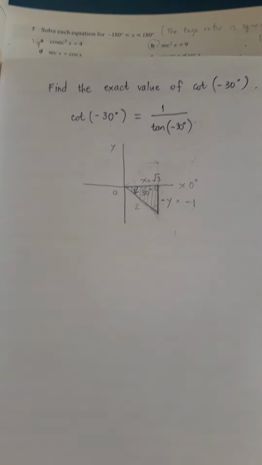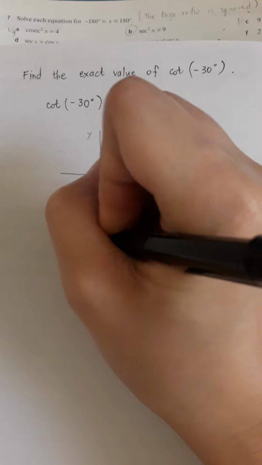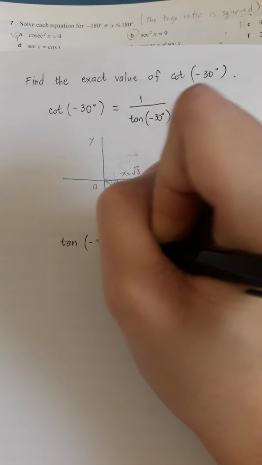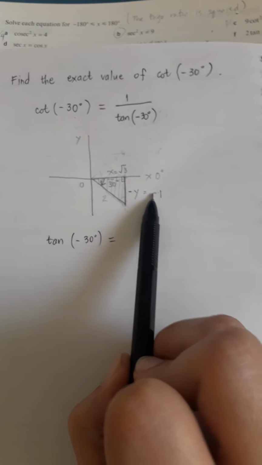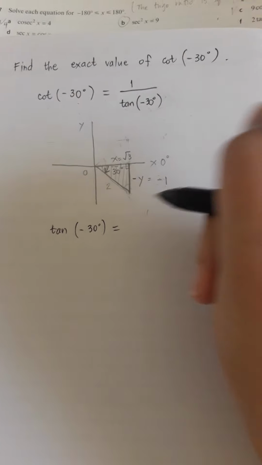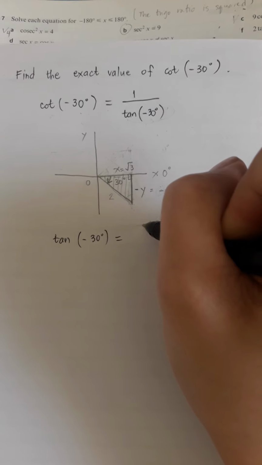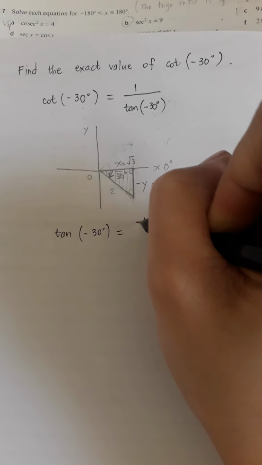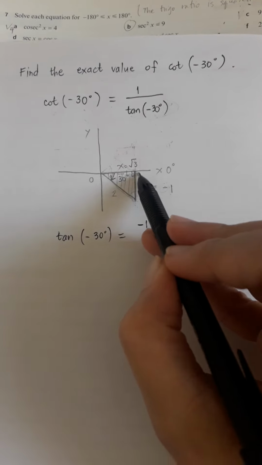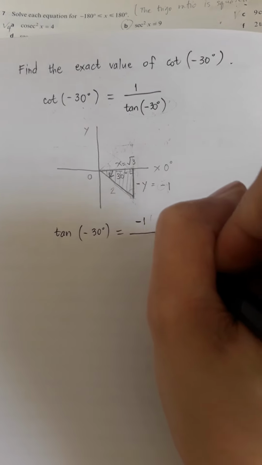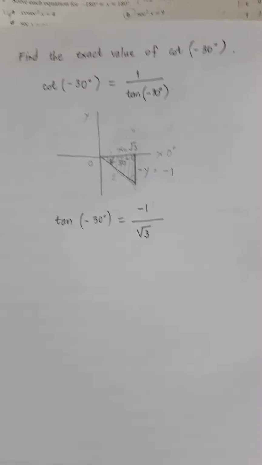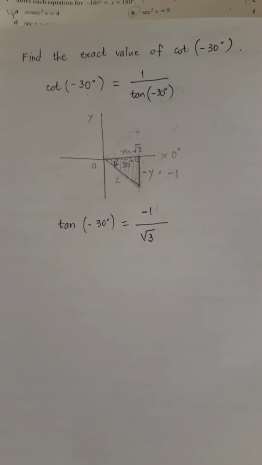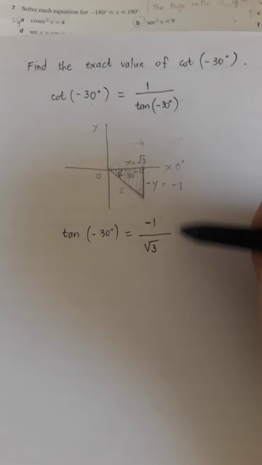So now we can get the value of tangent of negative 30 degrees to be opposite over adjacent. The opposite side is 1 unit long, but it's negative because it's below the x-axis, over the adjacent side, which is square root of 3. So we can substitute this value now in this equation.